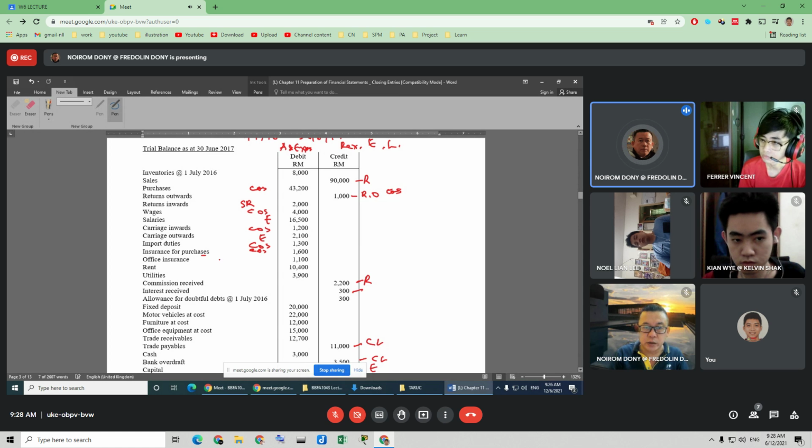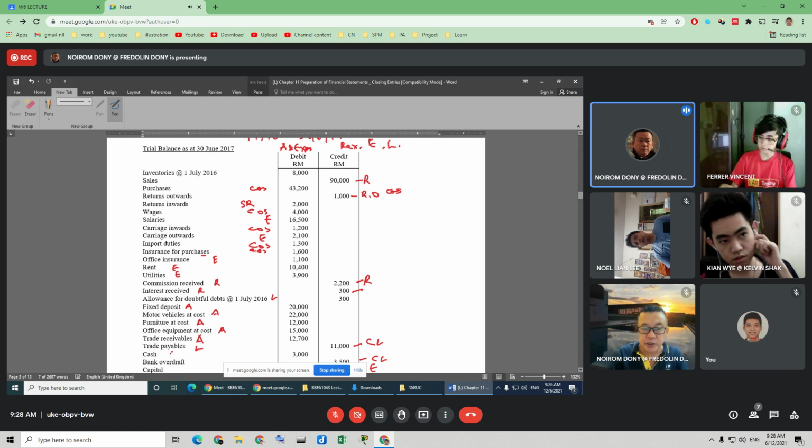Office insurance, so other expenses. Rent expenses, utility expenses, commission received revenue, interest received revenue. Fixed deposit asset, motor vehicle asset, furniture asset, office equipment asset, trade receivable asset, trade payable liability, cash asset, bank overdraft liability.